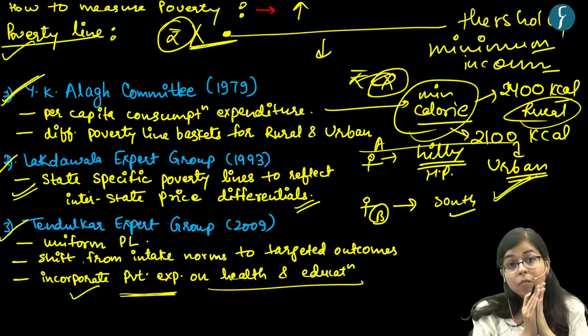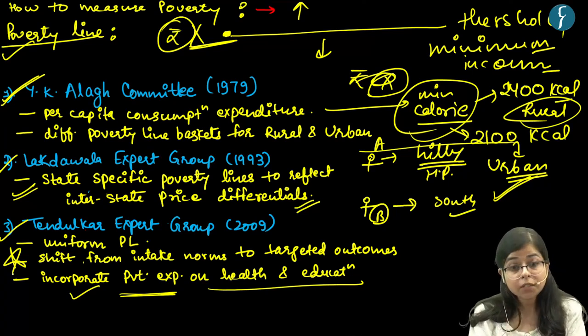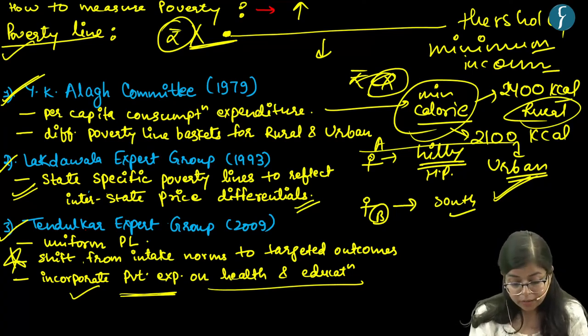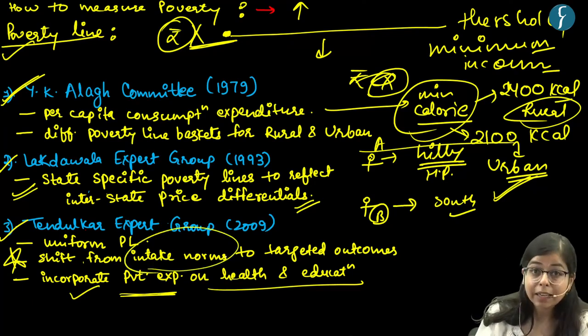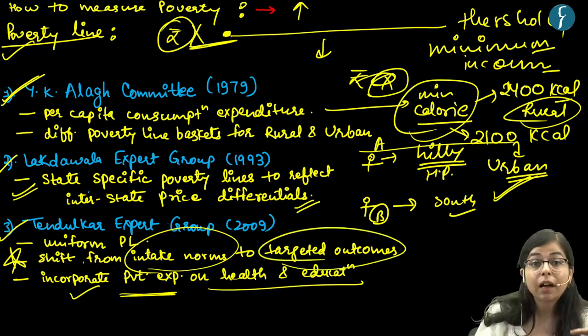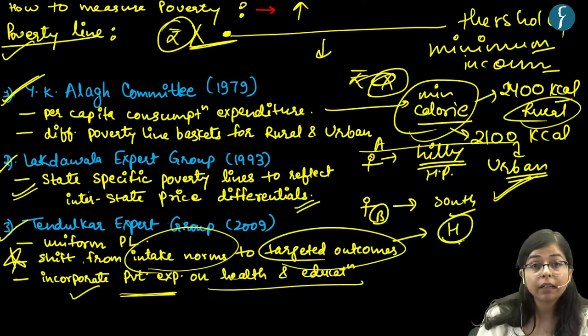So the important thing, and this is important, which was emphasized by the Tendulkar expert group was that there should be a shift away from the earlier calorie based intake norms to the targeted outcomes. That is, the poverty line estimate should include the targeted outcomes, right? Say for the health sector, what are the targeted outcomes?